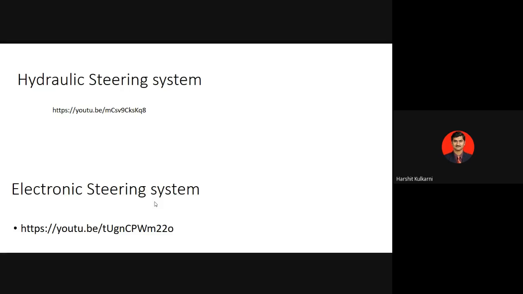Generally for smaller, regular cars we use the hydraulic steering system, but most high-end cars nowadays make use of electronic steering system, wherein manual intervention is minimum. So let us see how this electronic steering system works.